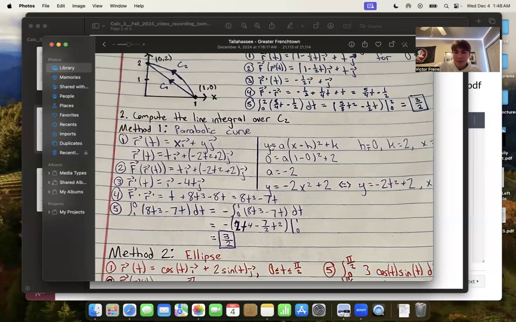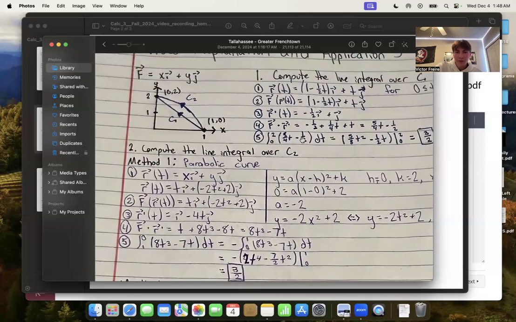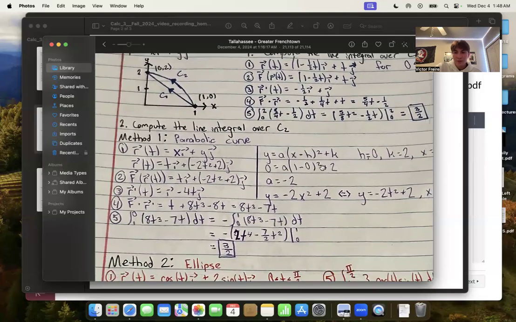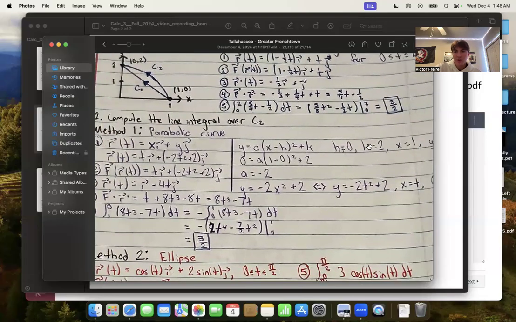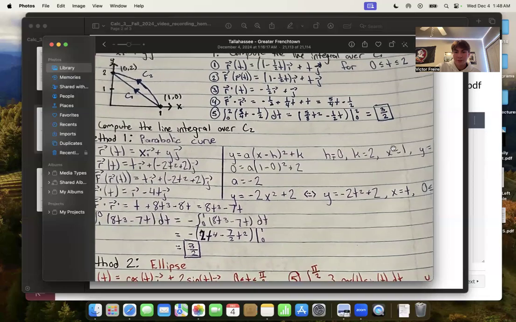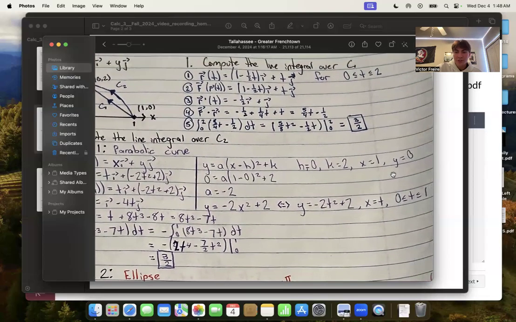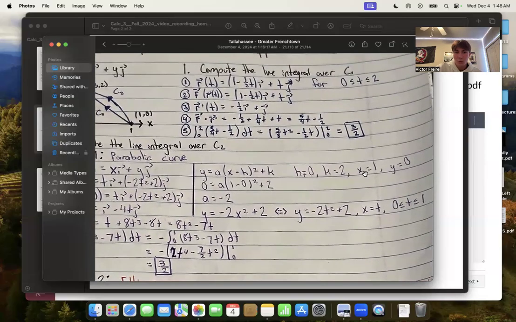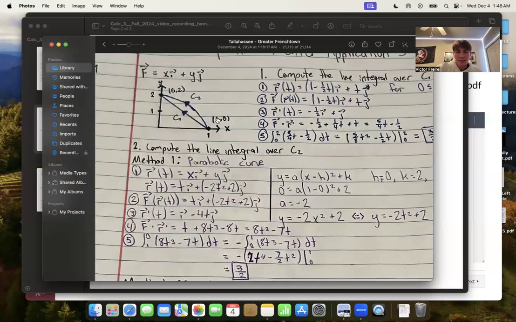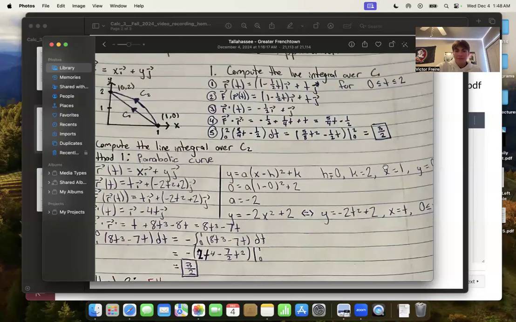So we have the vertex form right here, and we know that the vertex is at 0, 2, right? So we know our h is 0, and we know our k is 2, right? And then for x and y, let's just substitute in 1, 0, right? That's just our point that we know right here, right?